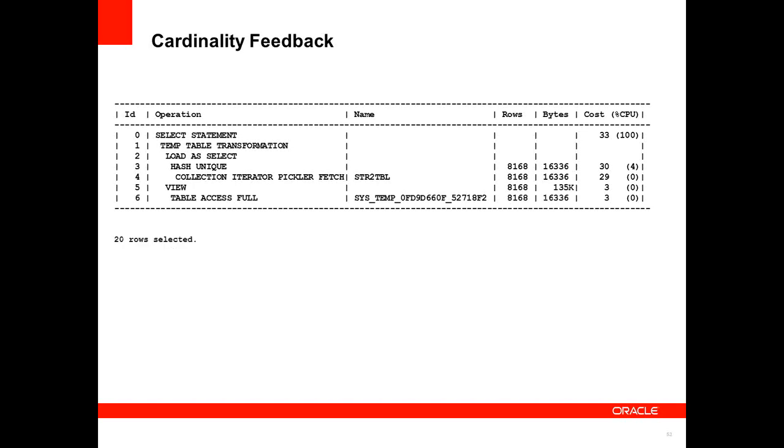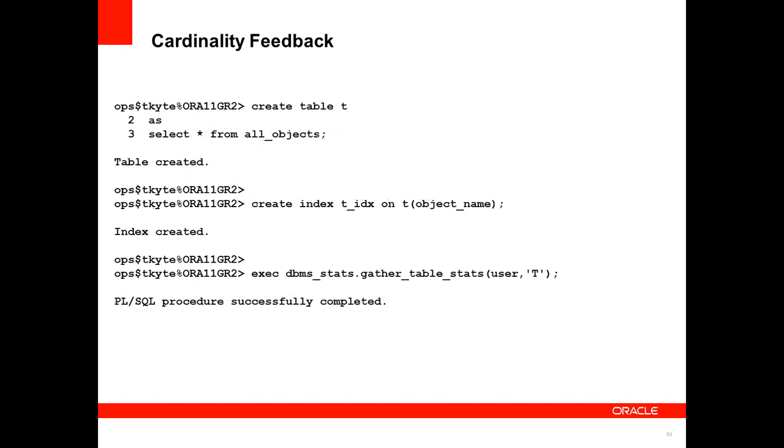I had an estimated cardinality that was way off from what I expected. So when I ran that query the first time, I was watching the rows coming through each step in the plan. I was expecting 8,000. I only got 3. So I'm going to fix that the next time you run that query. I'm going to stick the number 3 in there, and we're going to re-optimize that query. So the database becomes a little bit self-adjusting. It ran the query the first time, realized it made a mistake, and fixes the query for subsequent executions.